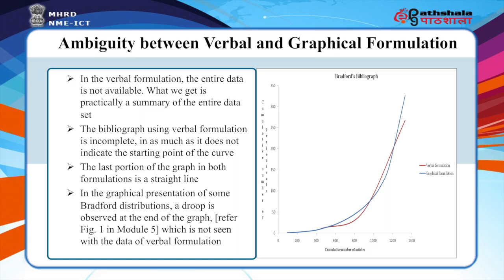The last portion of the graph in both figures 2 and 3 is a straight line. In the graphical presentation of some Bradford distributions, a droop is observed at the end of the graph which is not seen with the data of verbal formulation.